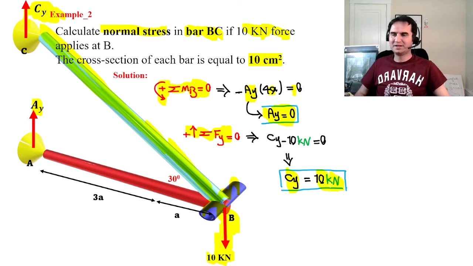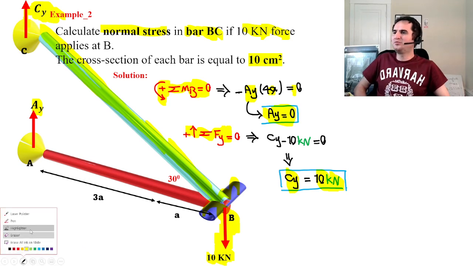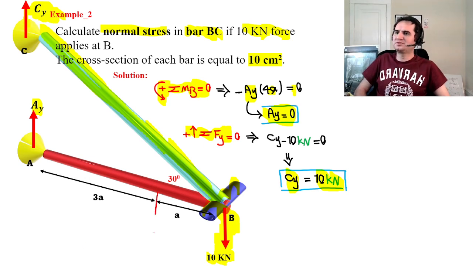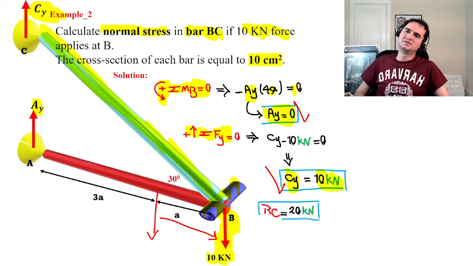By simply moving the 10 kilonewton force here to B, it gives us Ay goes 0 and Cy this time goes to 10 kilonewton. And if again you want to know what RC is, that's twice Cy based on the triangle rule.